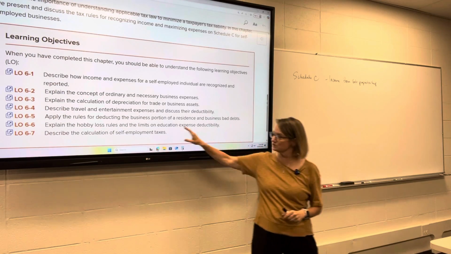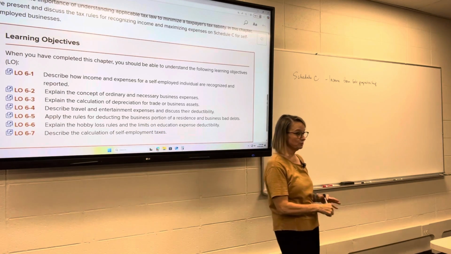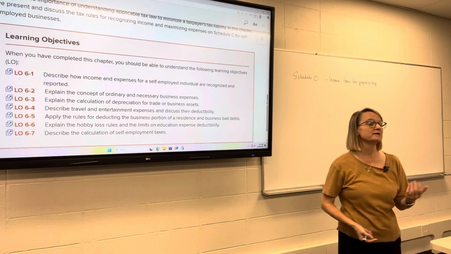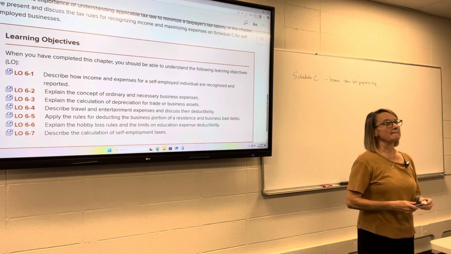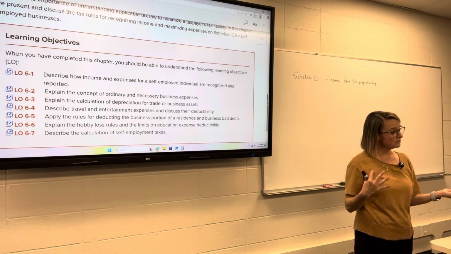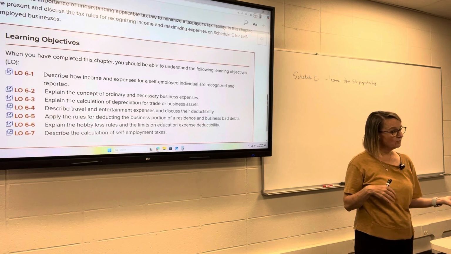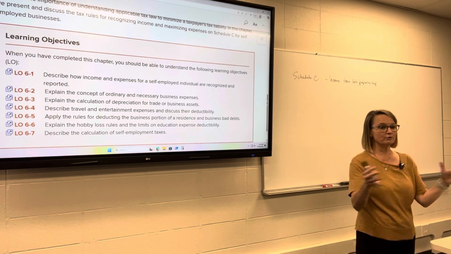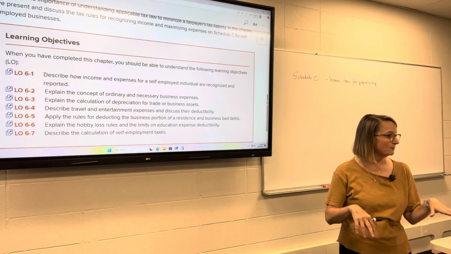We're going to talk as well about hobby loss rules. The reason we put this in here is because oftentimes it's hard to make that distinction between, is something a hobby or is it a business? You think about all those farmers market stalls that people have.